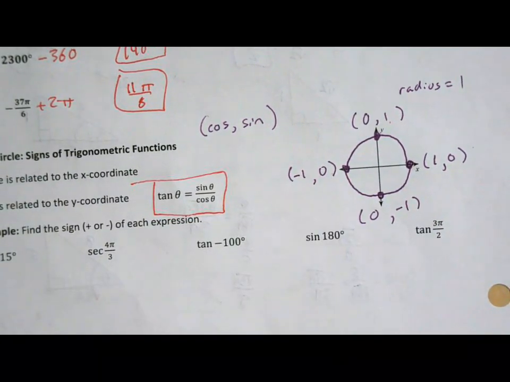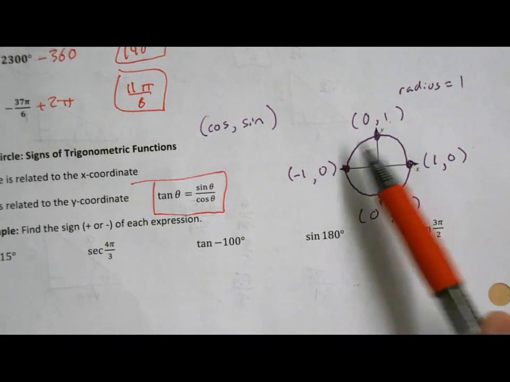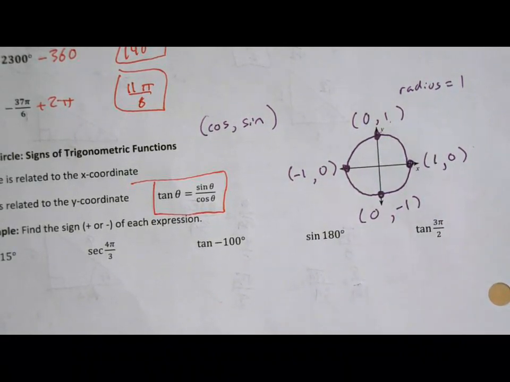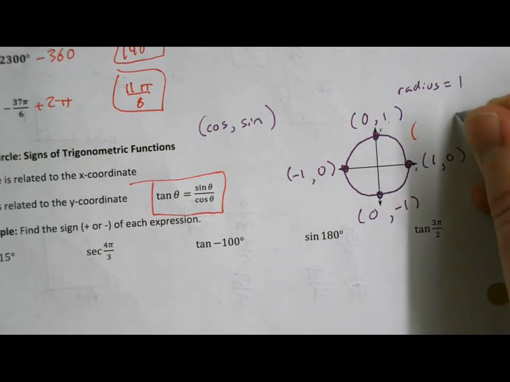Okay? Now, what I want to talk about right now is the signs in between these. So in between, we're going to have decimal values. And for right now, I just need you to be able to tell me whether sine and cosine are positive or negative in these regions. So in this region right here, this is the first quadrant.